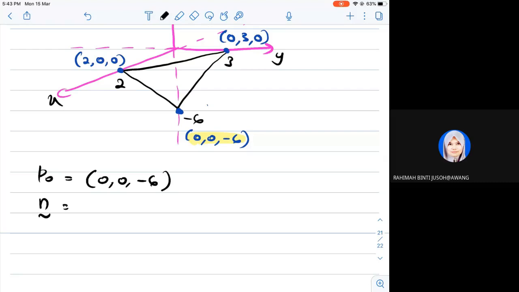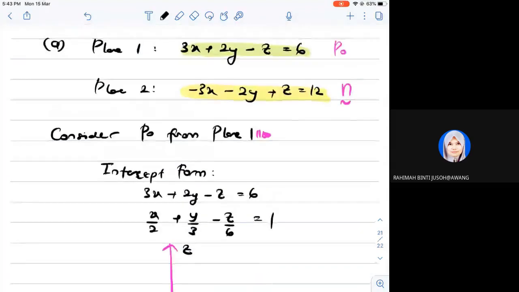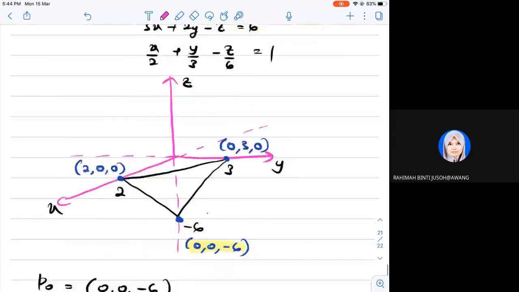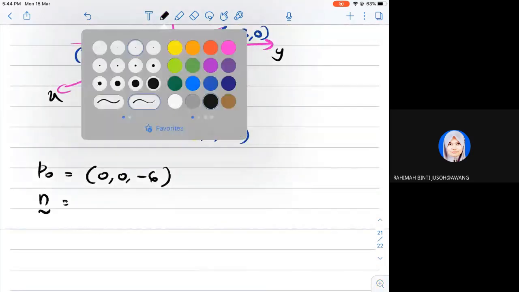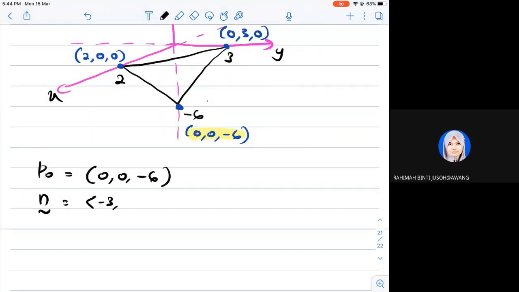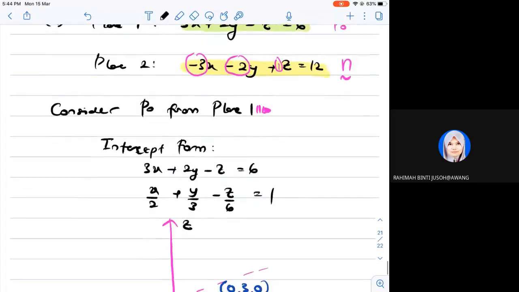Okay, now normal vector. We have to consider the normal vector from the second plane. So we should consider -3, -2 and 1. Kan? So now D nak ambil berapa nilai D?